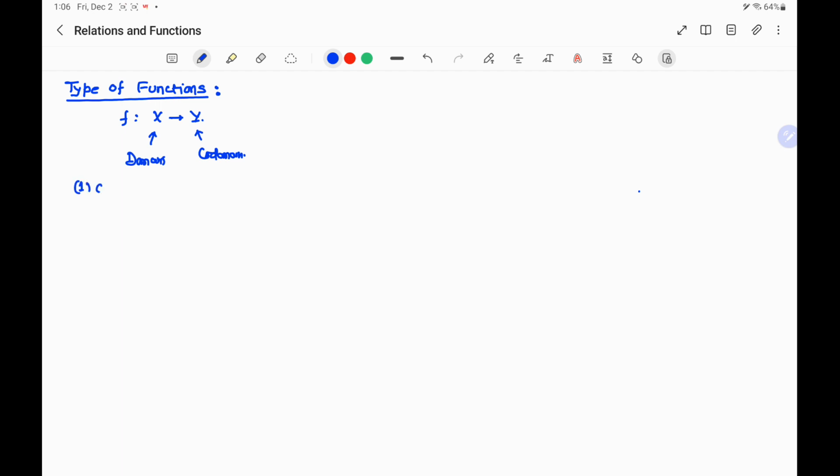First type of function is the 1-1 function. It is also known as injective function.